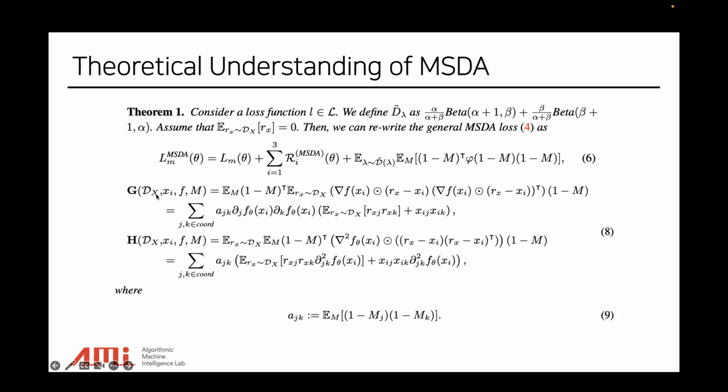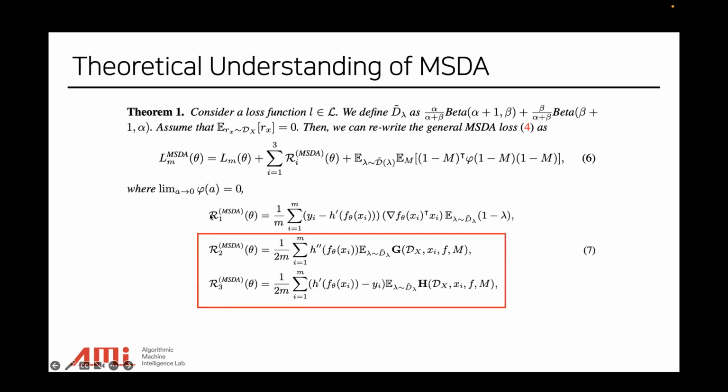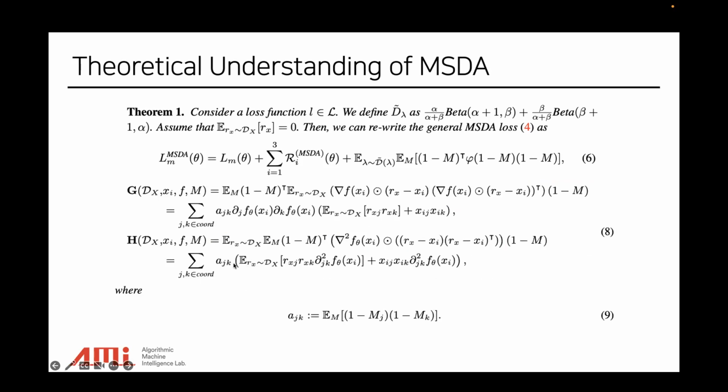This G function is in this regularization term too. This function, and also this function, is related to the input gradient. So if we control this coefficient, then we can affect the input gradient. In a similar way, the coefficient in H controls the Hessian.